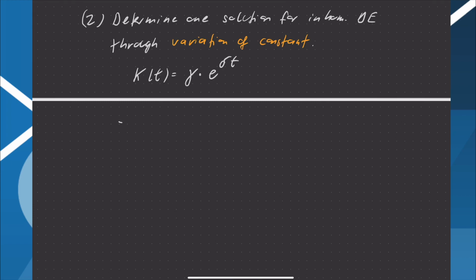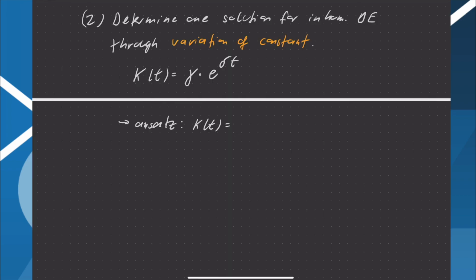And now we just make an ansatz by saying, well, let's use this k of t, but instead of the constant, let's use some arbitrary function. And using this function, we'll hopefully be able to capture whatever this I of t, this inhomogeneous part, does. So let's use some function c of t in place of that gamma.